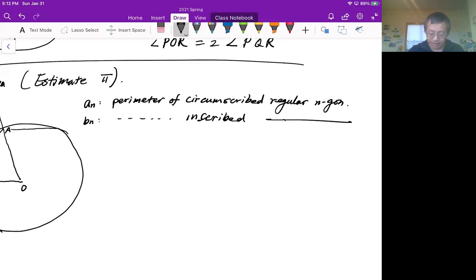So assume that R is equal to 1. Then the perimeter of the circle is 2 pi R, and that's less than An and bigger than Bn. Everyone understand that?